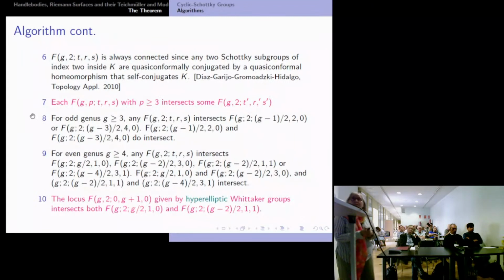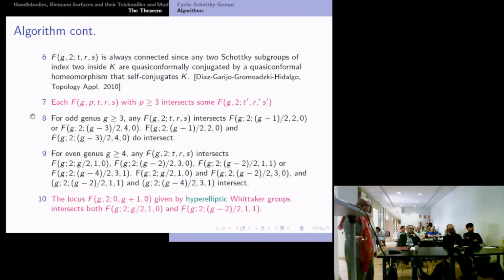Except if there are involutions, for genus at least 3, they are called Whittaker groups, and Raquel with Rubén, Gregorio, and Ignacio, they prove that these families given by involution are connected.